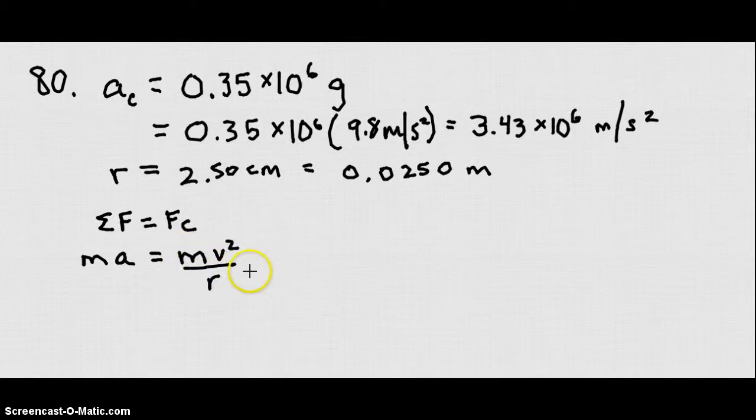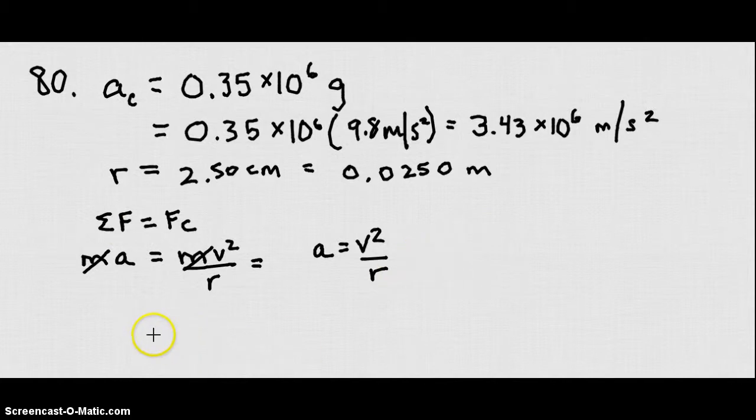We don't have the mass, but thankfully when we set those two equal to one another, our masses cancel out, and we recall that a is v squared over r, which is an expression we already knew. But just to remind you that centripetal force is the net force.